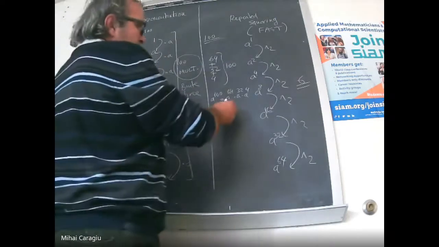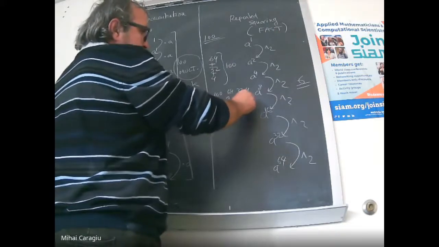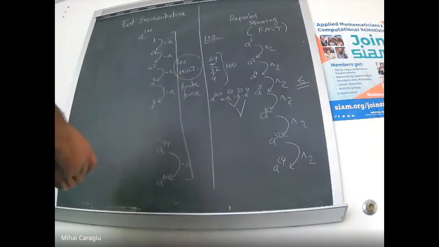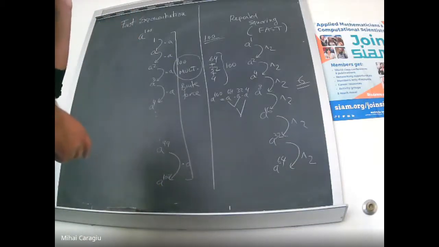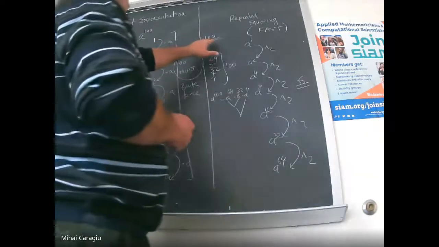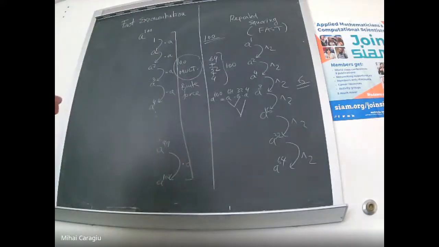How many more multiplications do we do? We multiply two of these, and then multiply the result with the third, so 2 more multiplications. Overall, the fast repeated squaring method calculates a to the power 100 much faster, with 8 multiplications. So that's the idea, in an informal way.